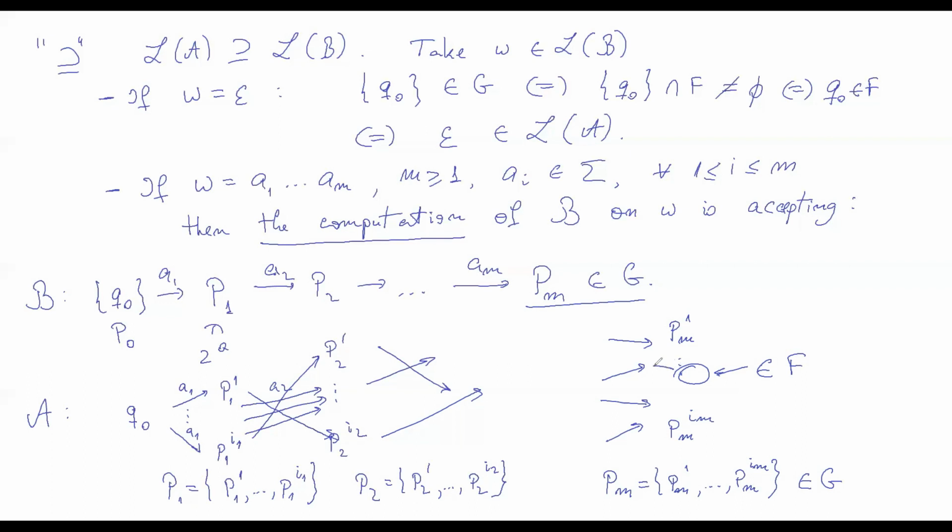You are going to follow these edges, and maybe you have reached this one from this, and maybe you have reached this one from here, and maybe you reach this one from here. But whichever way it is, this goes maybe like this. And so you find one accepting computation in A. So this implies that there is an accepting computation for w in automaton A, so it implies that w is in the language of A.